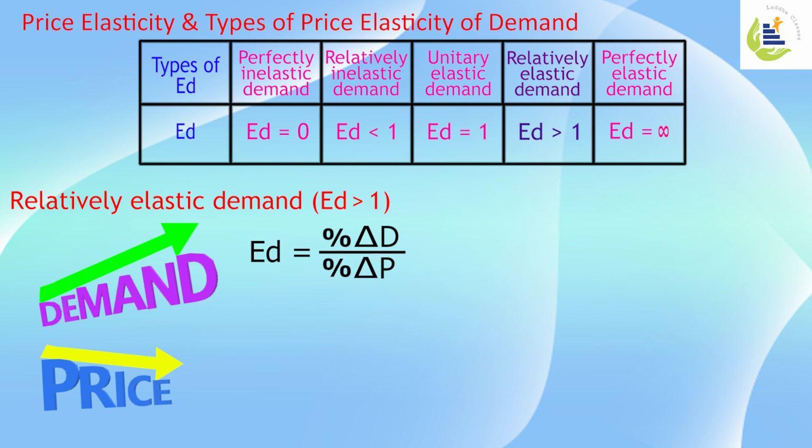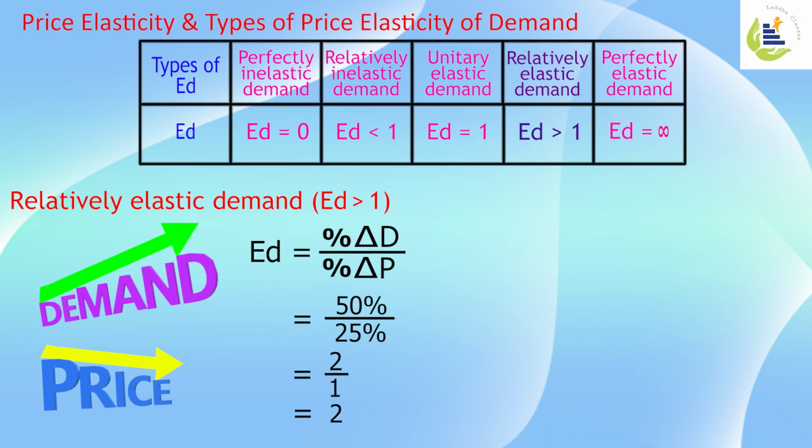So, for example, if price increases by 20%, the demand changes by 50%. So it is 50 over 25, it's 2 by 1, it's 2. So price elasticity of demand is 2, which means if there is a 1% change in price, there is a 2% change in demand happening.